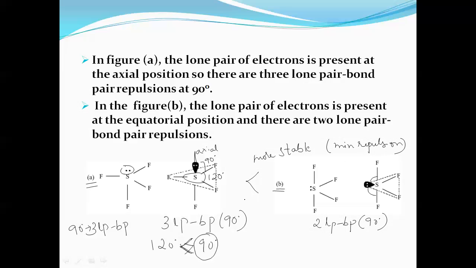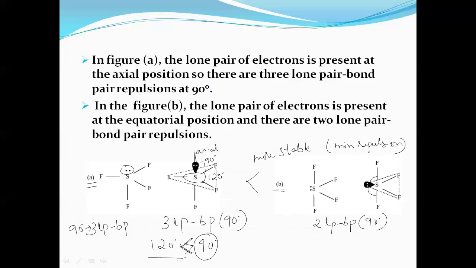So when we look at these two structures, depending upon these two factors, that is the lone pair bond pair repulsions and the presence of the lone pairs at 90 degrees or 120 degrees, we came to the conclusion that the structure with the lone pairs at the equatorial position will face less repulsion when compared to the structure with the lone pairs at the axial position.